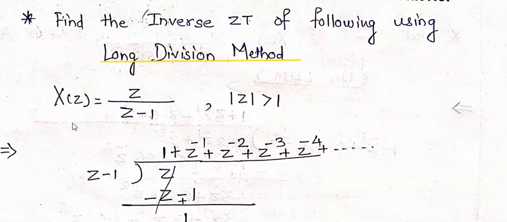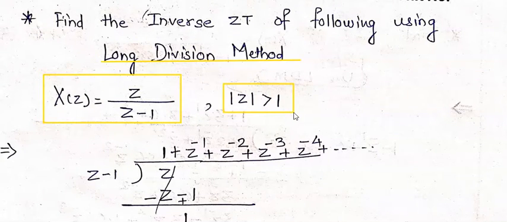Now x of z for this particular problem statement is given, that is z by z minus 1, and obviously the condition here is mod z greater than 1. So whenever this kind of condition is there, it means that the sequence will be causal itself, since it is mod z greater than 1.